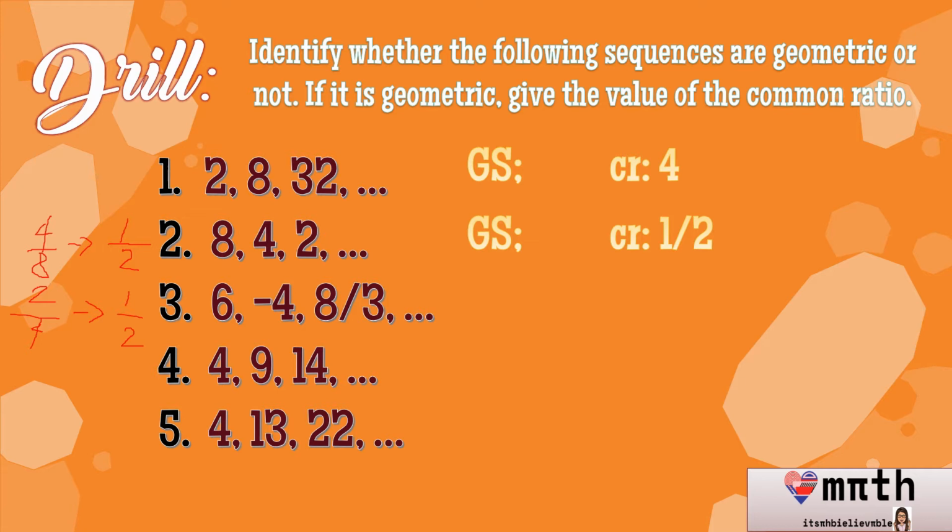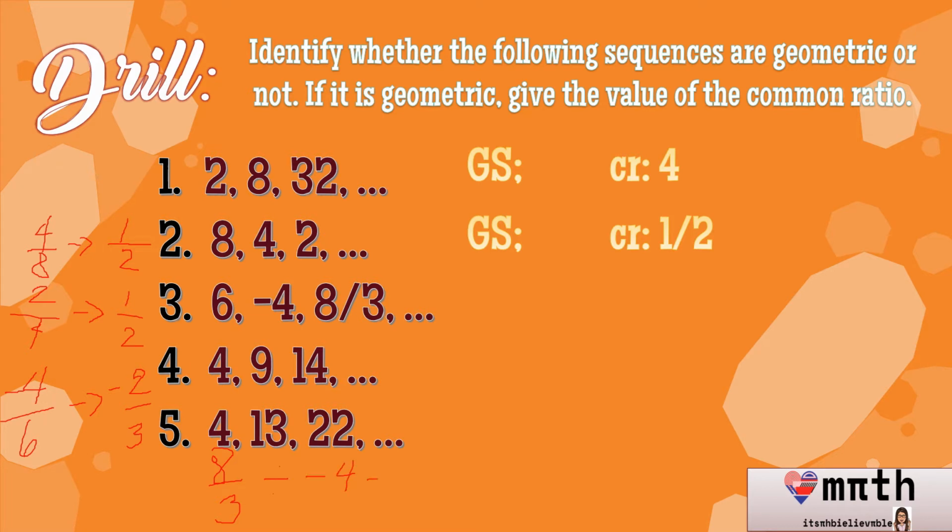For number 3, let us try to get if there is a common ratio. That would be negative 4 divided by 6. That will be negative 4 over 6, which can be simplified into lowest terms, which is negative 2 over 3. Then, 8 over 3 divided by negative 4.